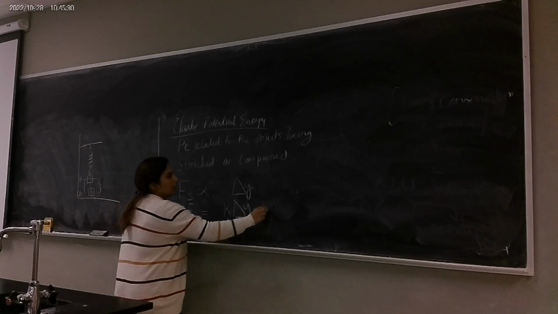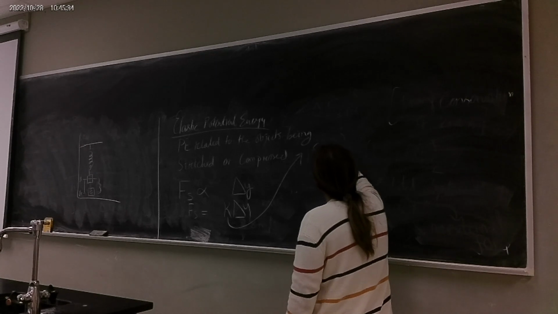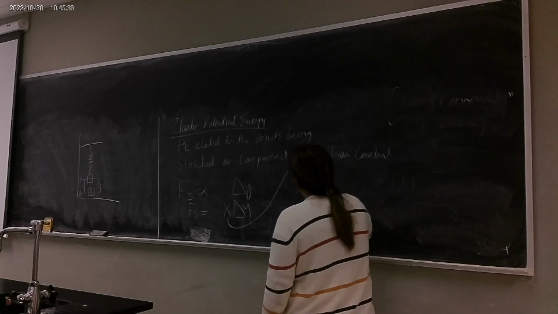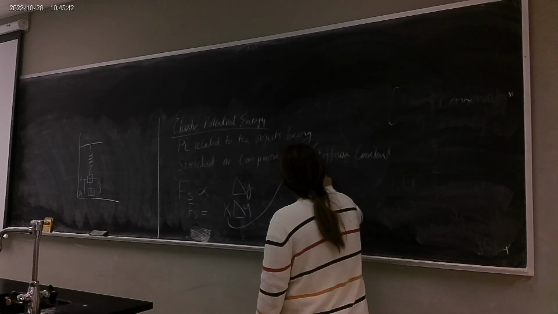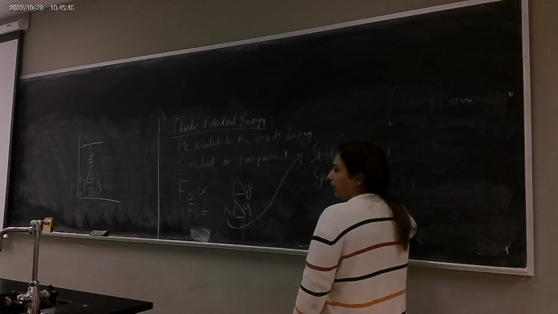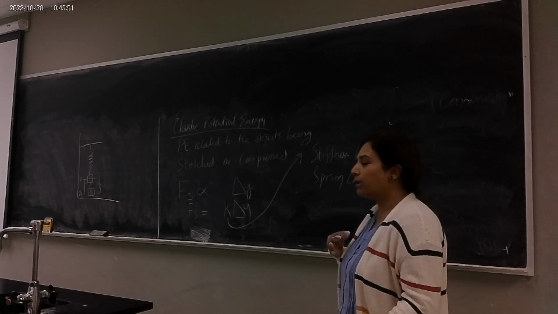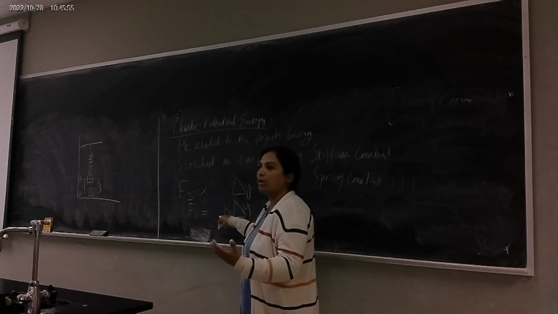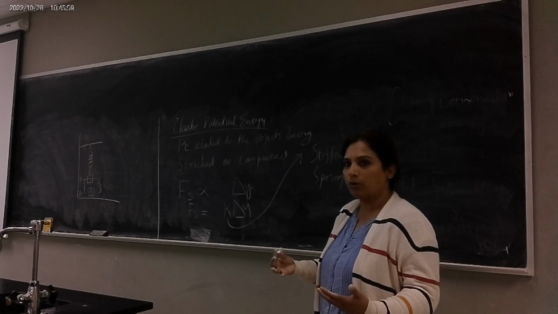This is called the stiffness constant, also called the spring constant. In some books I have also seen it written as force constant, but these are all talking about the same thing. This tells you how much force is needed in order to move the spring.